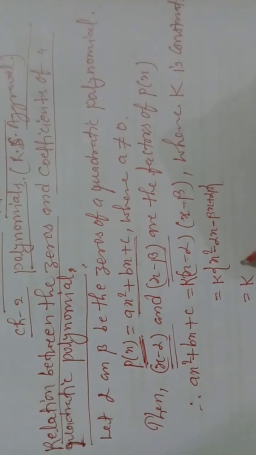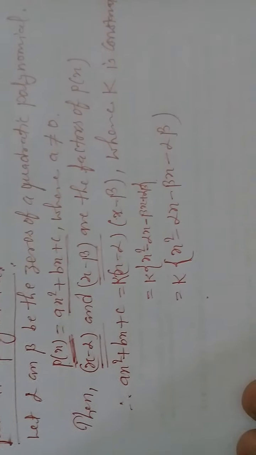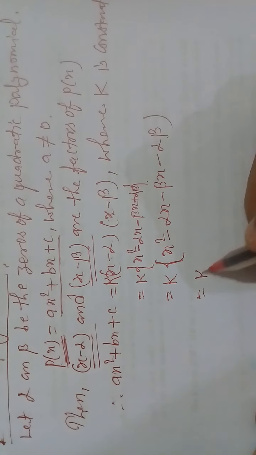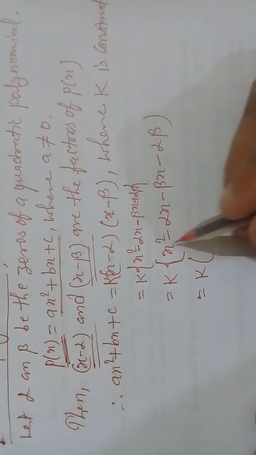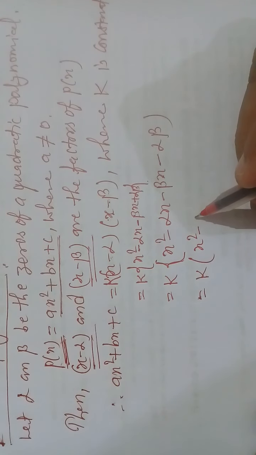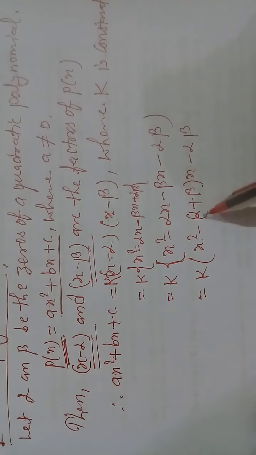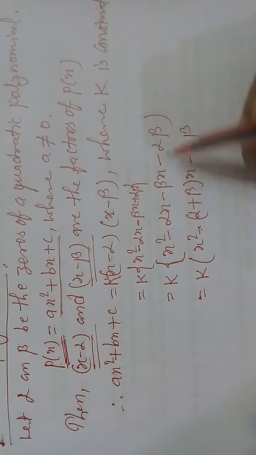Next step, k into x square minus alpha x minus beta x plus alpha beta. In this step, k into x square minus, x is common, it means minus (alpha plus beta) x plus alpha beta.